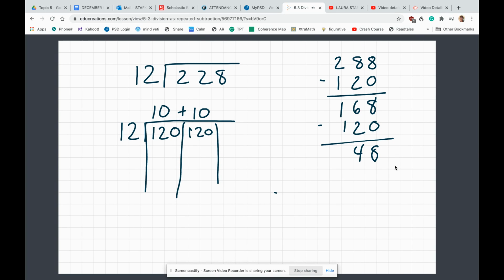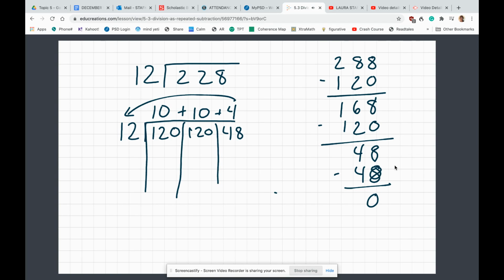Okay, I bet a bunch of you went, ooh, 48 and 12, those numbers go together nicely. I can get exactly 4 out. 4 times 12 is exactly 48. And so, whoops, that was supposed to be an 8. So I get a remainder of 0.